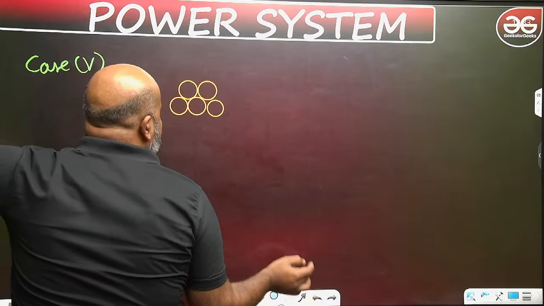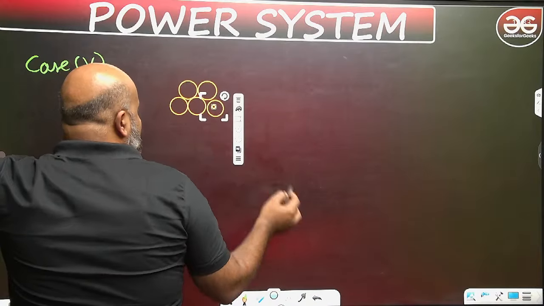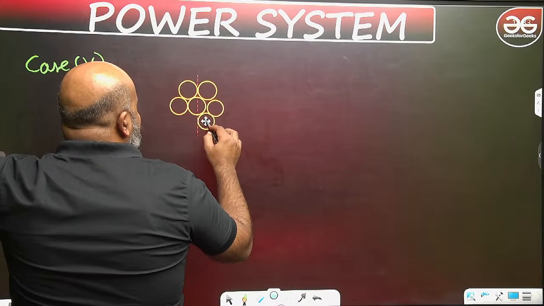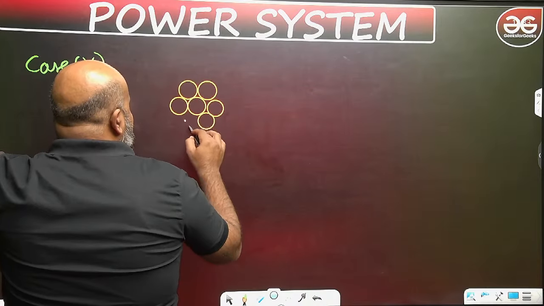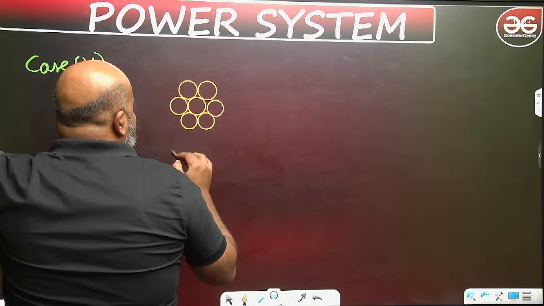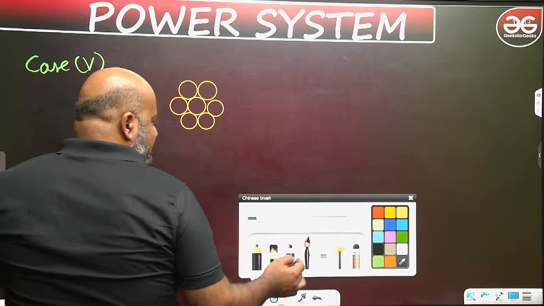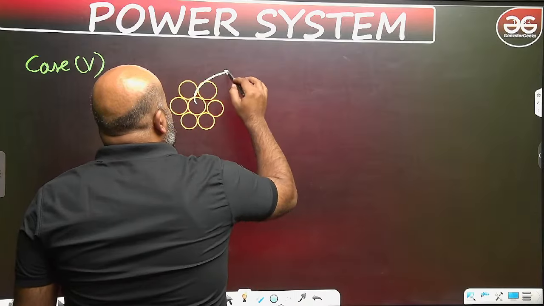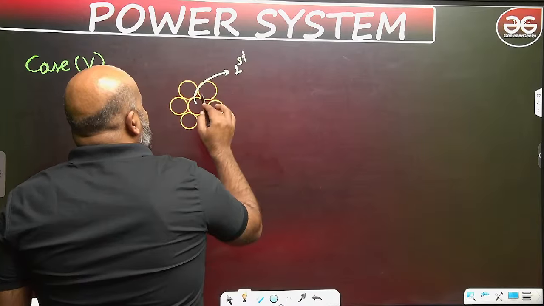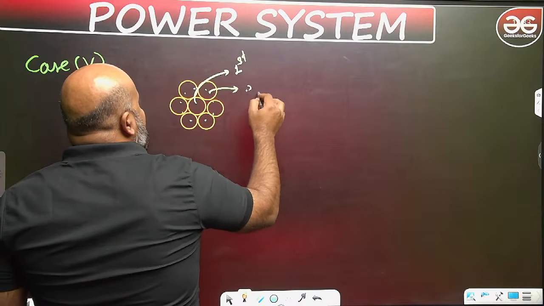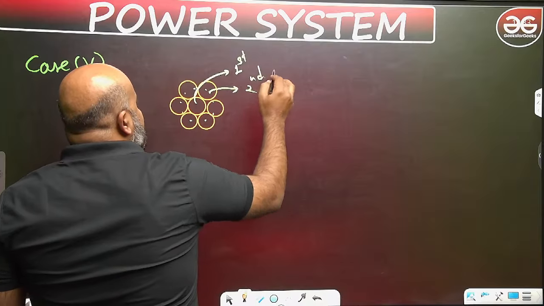Yesterday I told you the pattern. If you remember, the first layer is going to be the core conductor. This is the first layer. And these 6 strands are going to comprise the second layer.